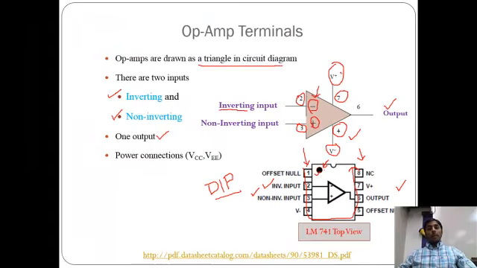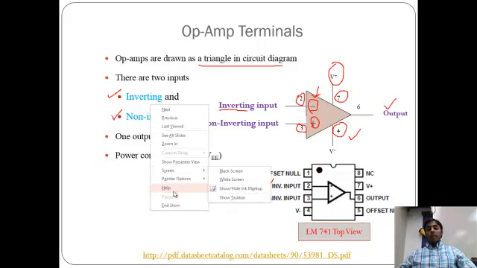So these are the operational amplifier terminals: inverting, non-inverting, one output terminal, and two power supply connections. And this particular IC is the LM741. This is the IC we are going to use throughout our lecture, and in the lab work too, we are going to use this particular IC.